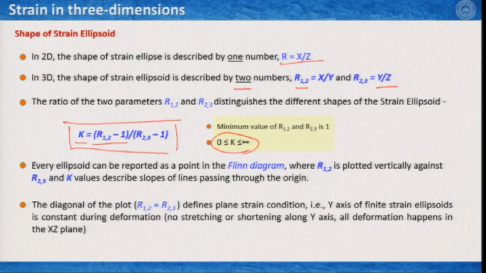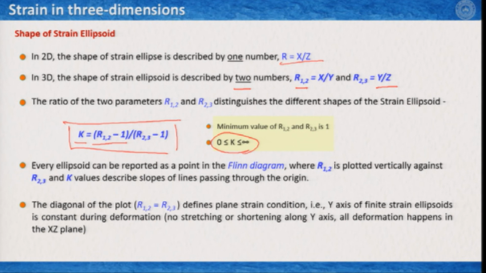It is a two-dimensional Cartesian plot where the x axis is represented by R2/3 and the y axis is represented by R1/2, and you can plot a number of k values in between.